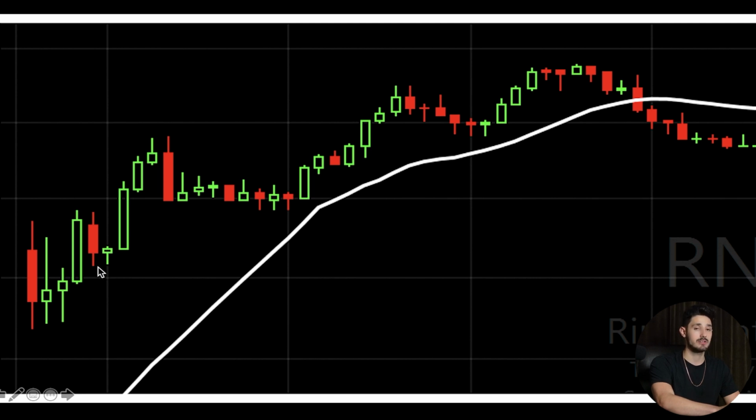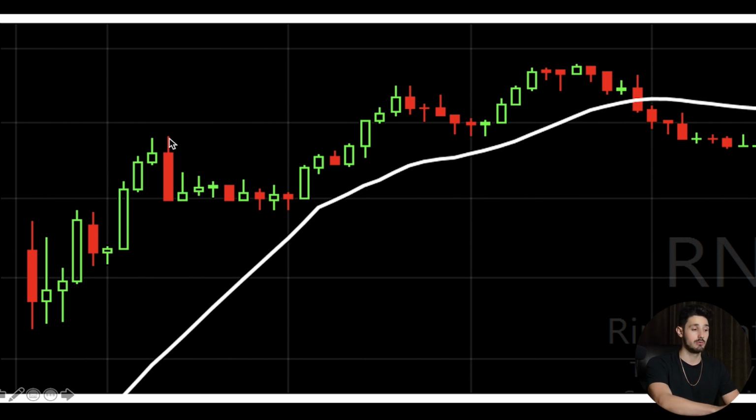Okay, so stop loss goes under the lows of the pullback. Right here would be our stop loss. Right here would be our entry. And boom, what a nice move here, right? You could probably tell the reward to risk is excellent. This might have been a 20 to 30 cent stop or something like that. And this probably went up easily 60 to 90 cents, earning a 3-to-1 reward to risk.